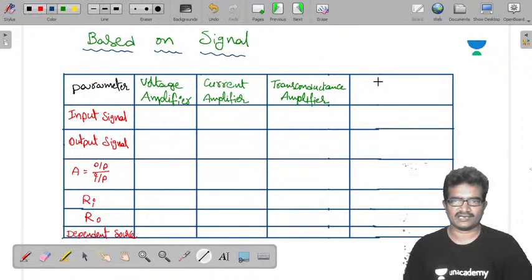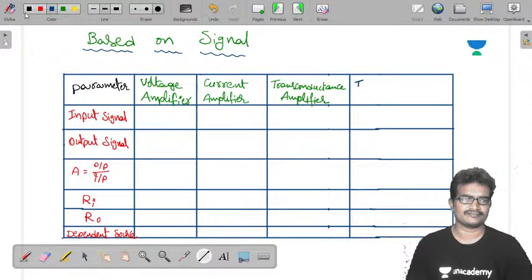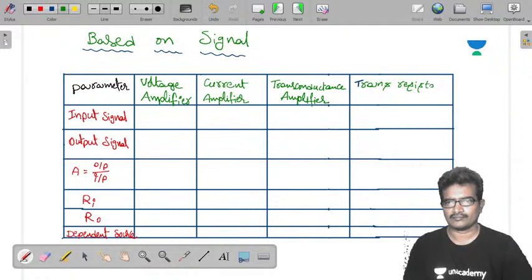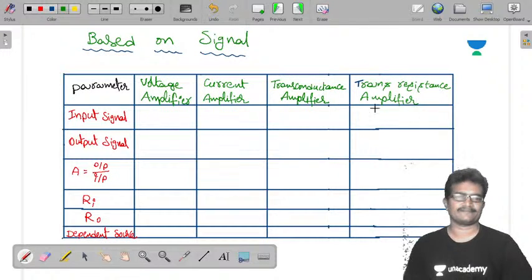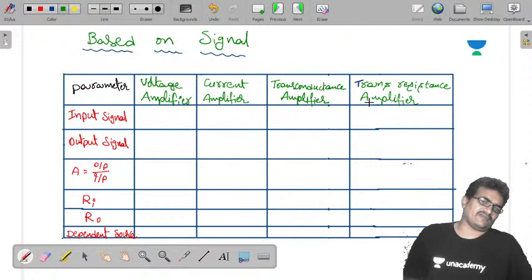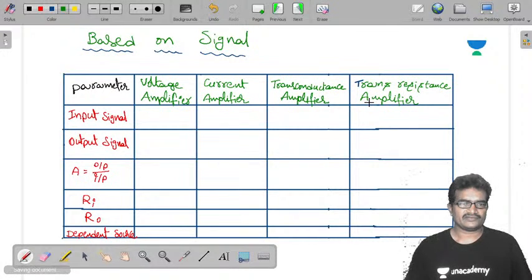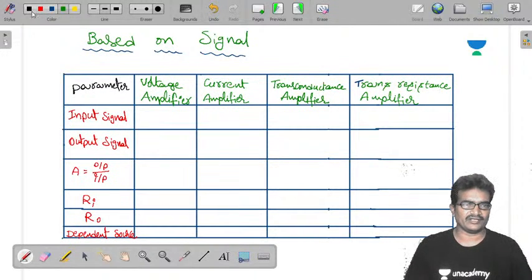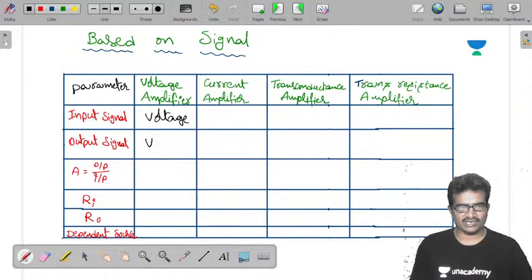Next, transresistance amplifier. Okay, voltage amplifier, current amplifier, transconductance amplifier, and transresistance amplifier. Now, for the voltage amplifier, the input signal is voltage and the output signal is also voltage.